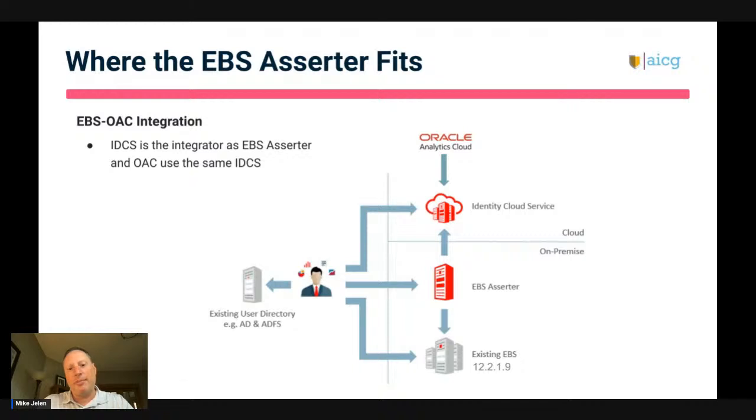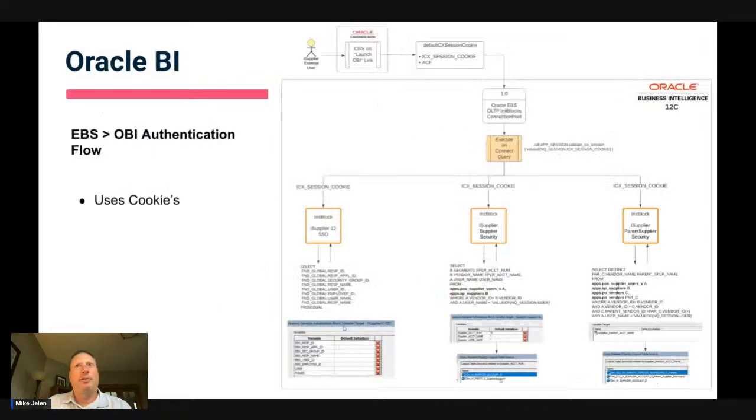They'll have a one-time activity to change their password, but after that, now those users can log into EBS or they can log into OAC with the same IDCS credentials. So now you have that single sign-on with your Oracle Cloud and your on-prem EBS environments. So very handy from that perspective.